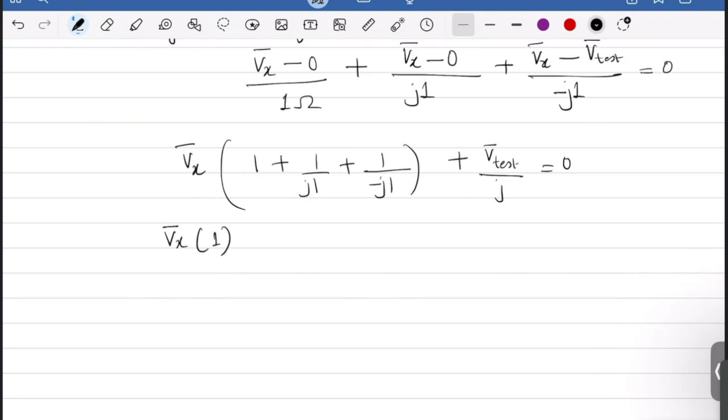So Vx into 1 minus j times V test, where I multiplied the numerator and denominator with j, and you know that j square is minus 1. So this will give you this equation. That means your Vx is nothing but j times V test.